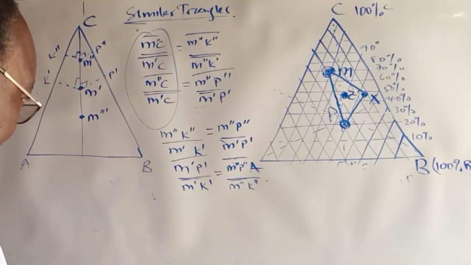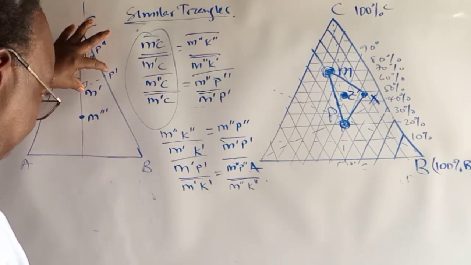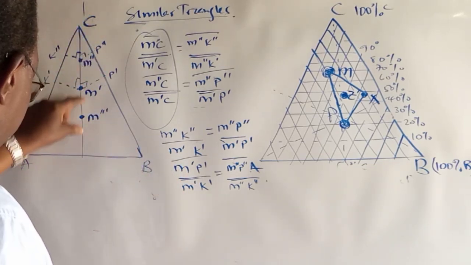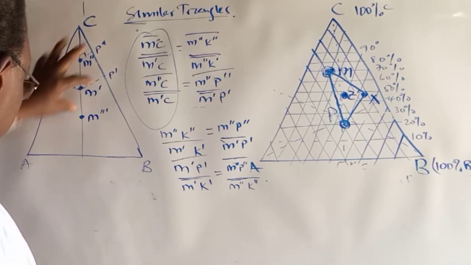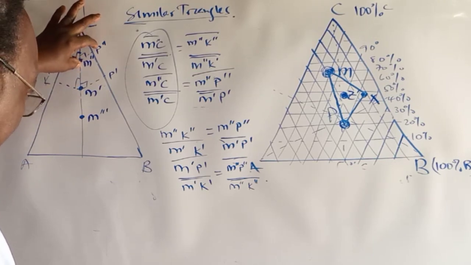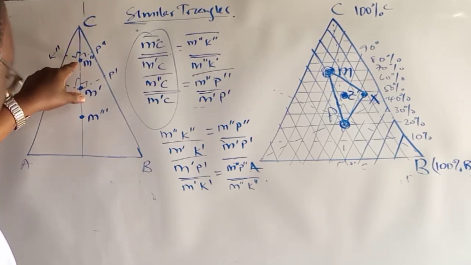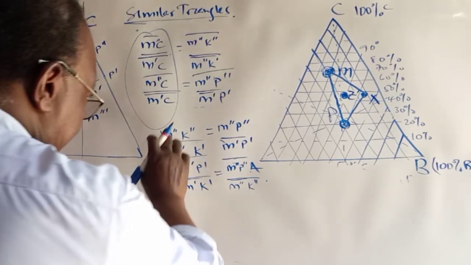So those quantities are in the same ratio. This ratio to that ratio is the same as M double prime P double prime and M double prime K double prime.